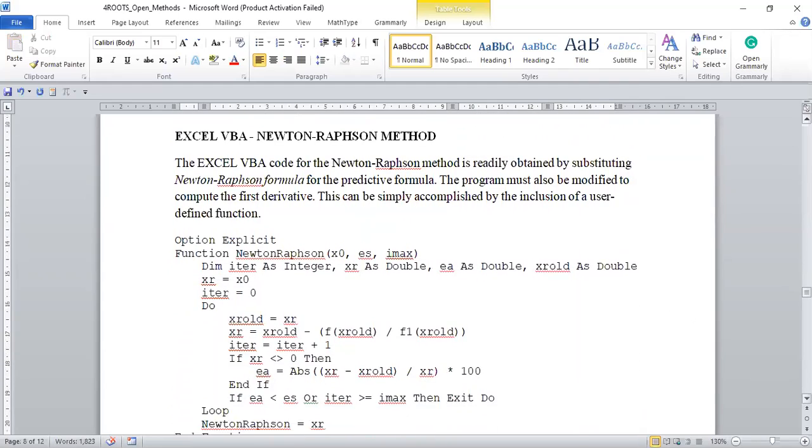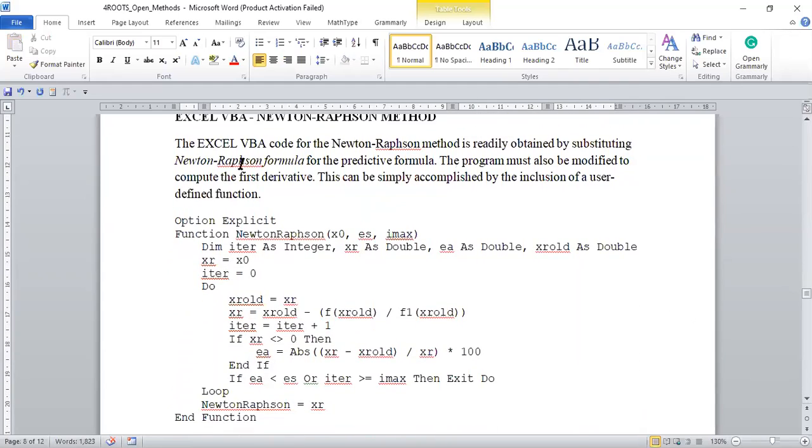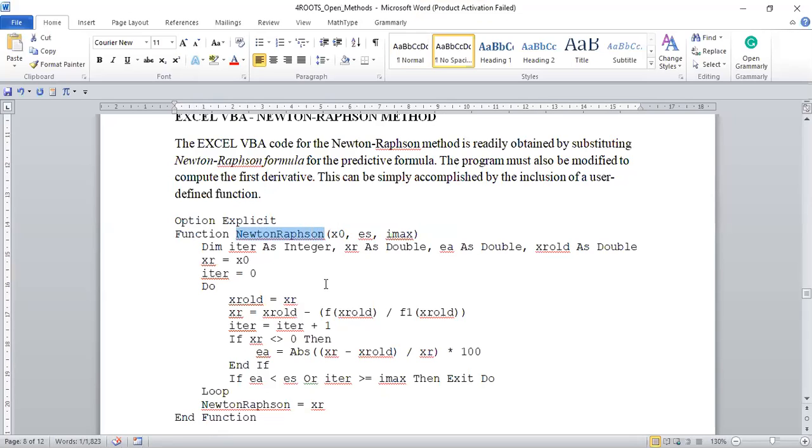So for this reason, we want to write a computer program that is going to evaluate the root using the Newton-Raphson method. And this method is just the same thing as the previous method, the fixed point iteration. The only difference is just this line. Just look at this line carefully.